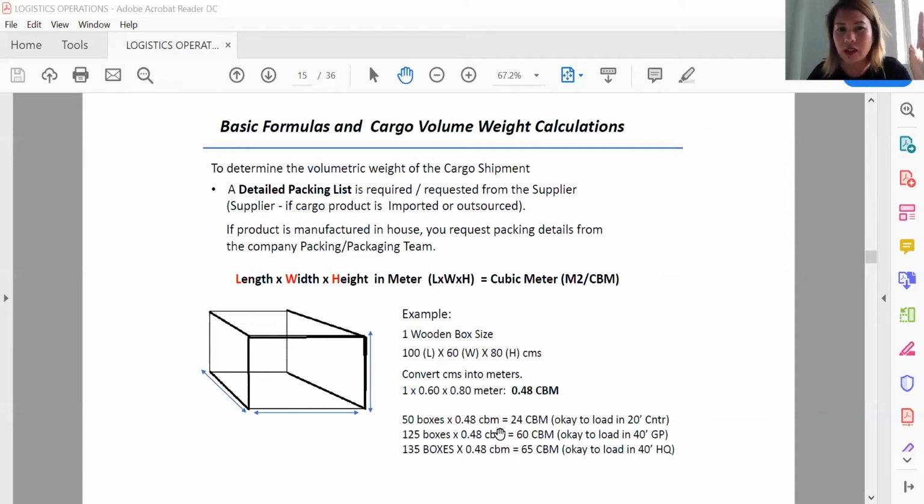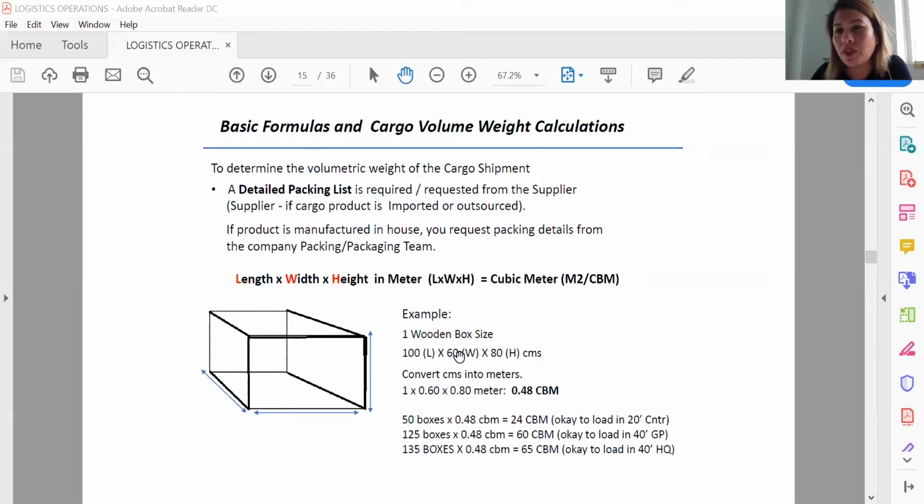Packing list is a shipping document that is required to clear the shipment. So this is it. This is the basic formula of capturing the volumetric weight, or the CBM, cubic meter: length, width, and height, 3 dimensions.